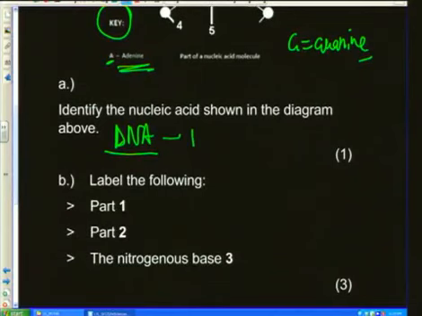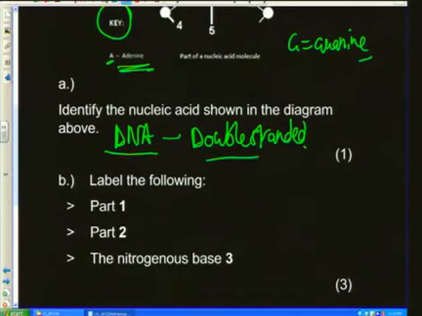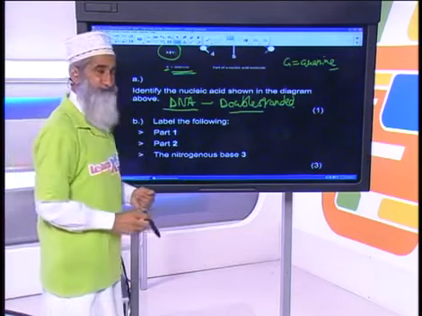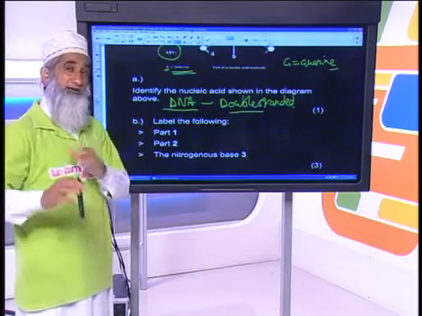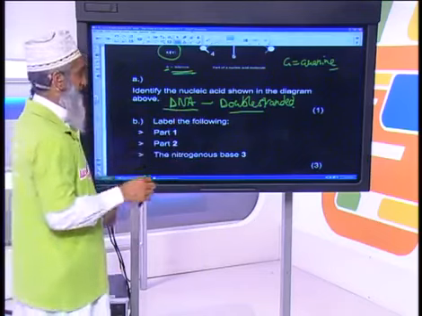So it's double-stranded. This is not part of this answer, remember. I'm only giving this as an extension to this question, if they ask you, how do you say that this is DNA? And you've already done RNA, so you understand what I'm saying.